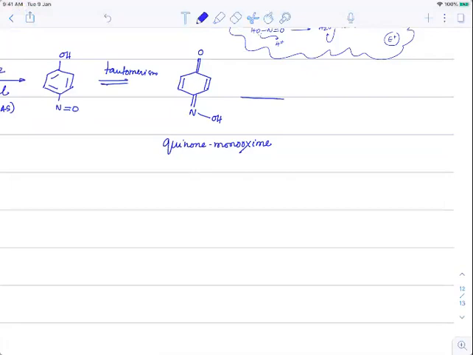Then if you react this with one more mole of phenol here, it would convert into O double bond here with this group which is present, and then we have double bond N, and that OH group is left.